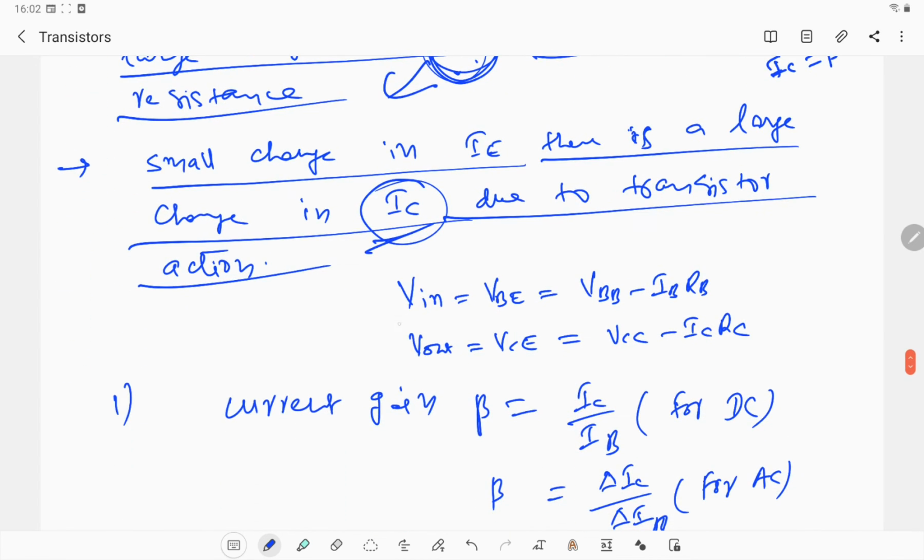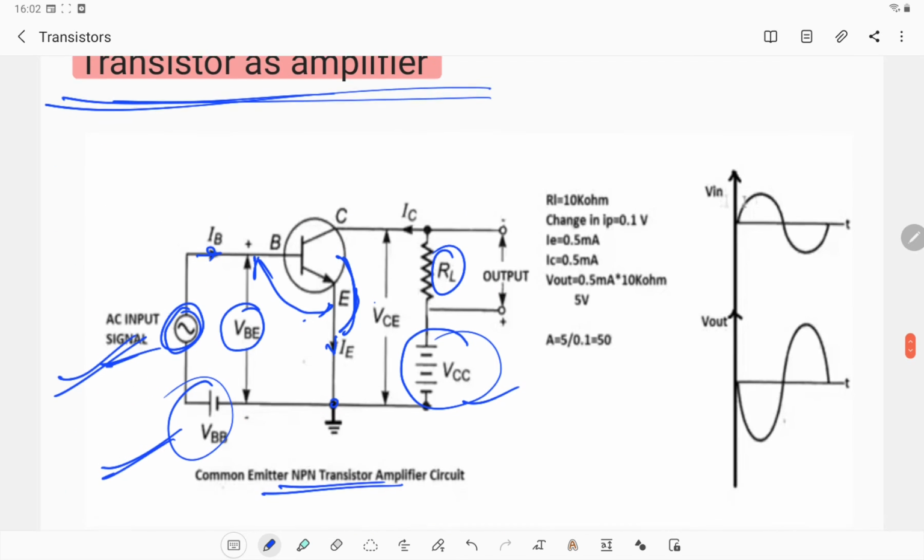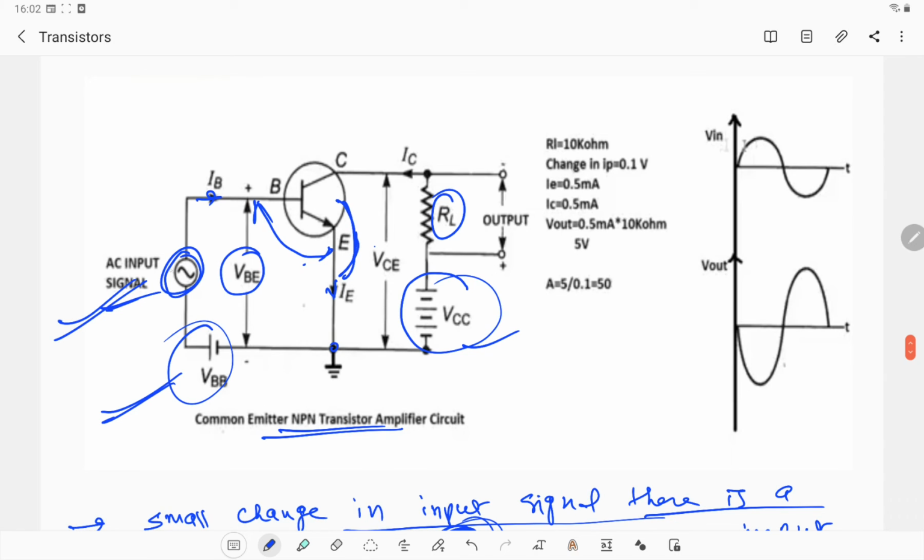See here, input voltage, that is VBE. VBE is nothing but VBB minus IB RB. When this resistor is not there, the input voltage is VBE or VBB. Therefore, input potential is equal to VBB minus the potential drop across this resistor, which is RB into IB.